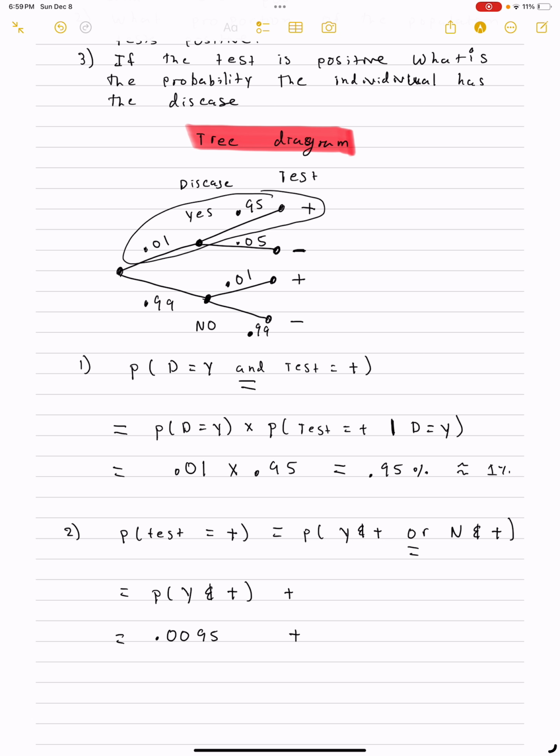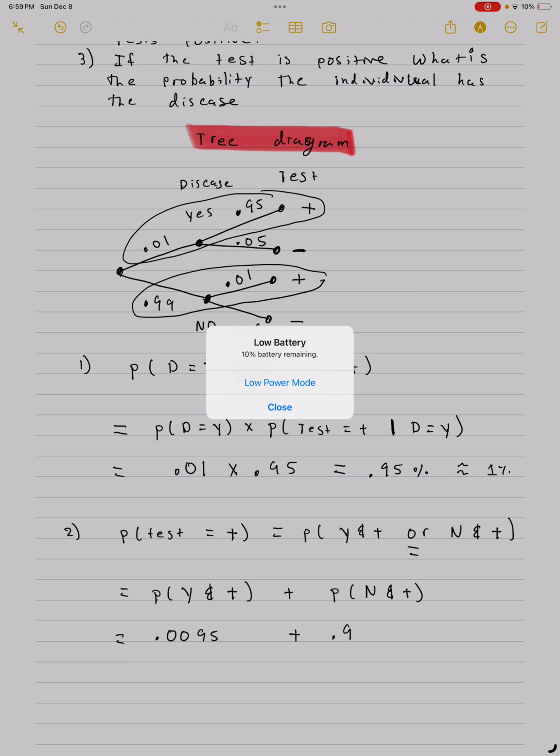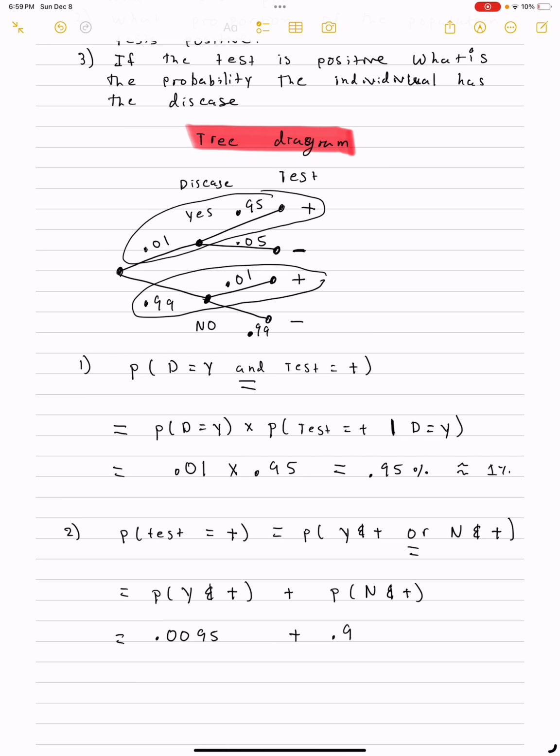For this second one, the probability of no and positive, we can just multiply along the path to get a positive, so 0.99 times this 0.01.